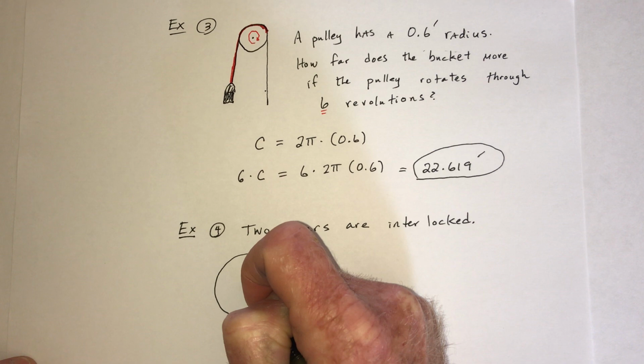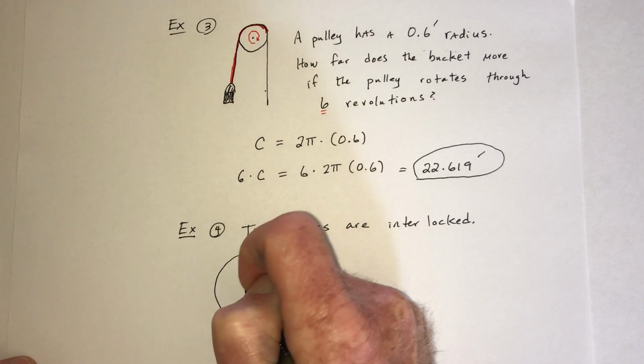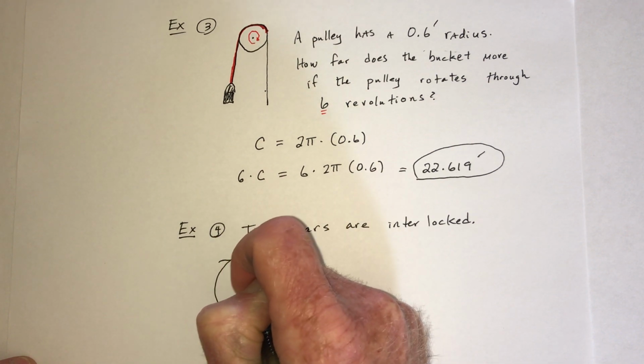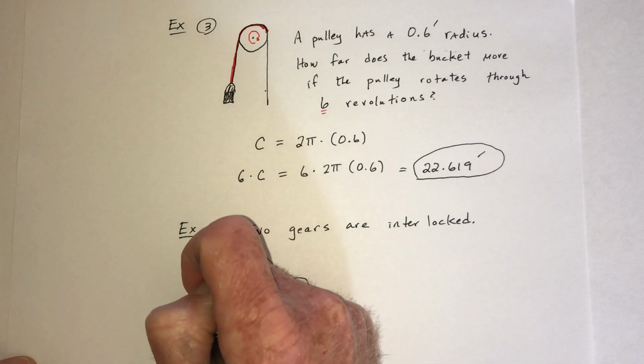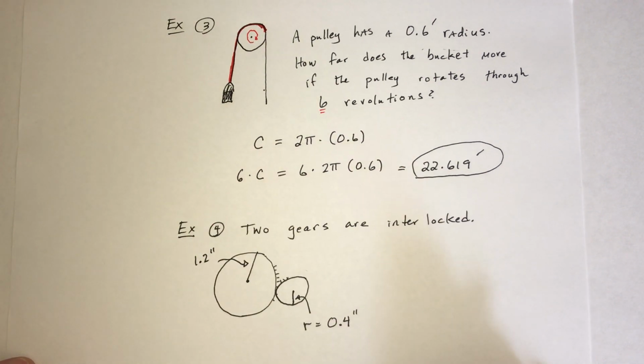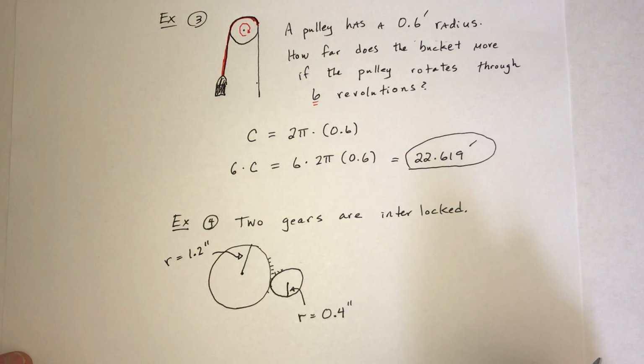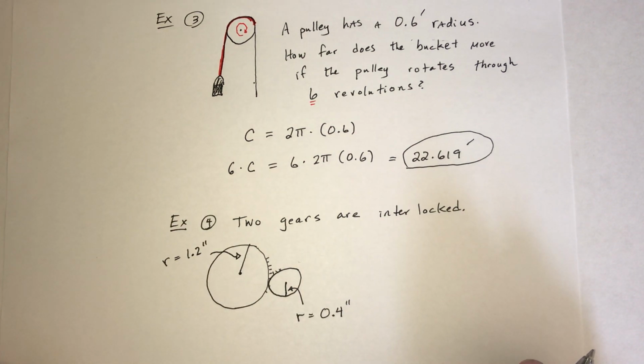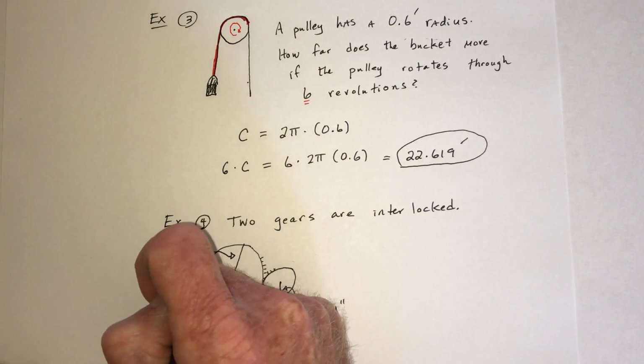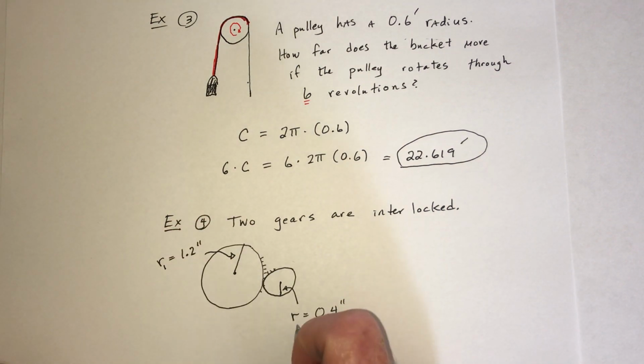So these are small gears. And this one, the radius is 1.2 inches. I'm going to call this one R1 because it's the bigger gear, and R2 the smaller gear.